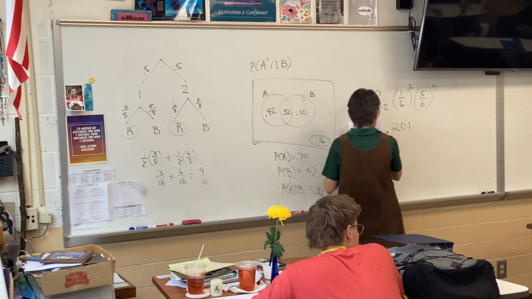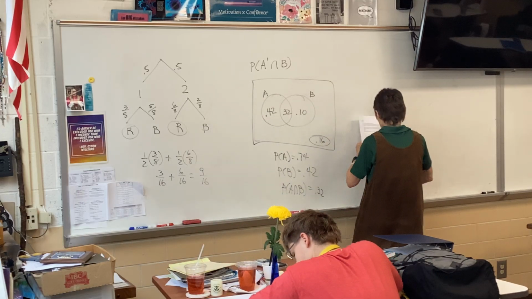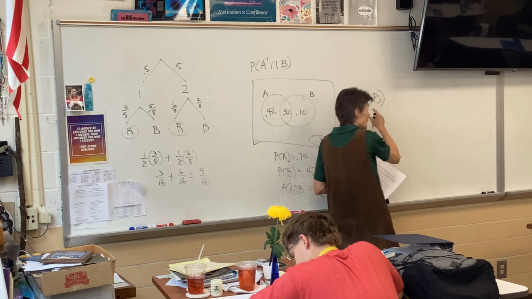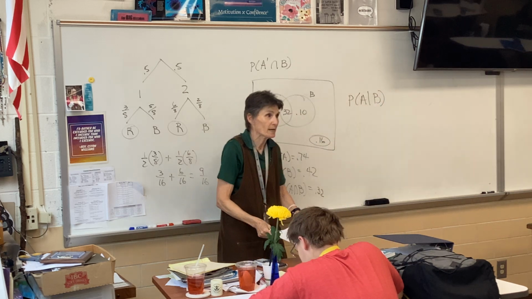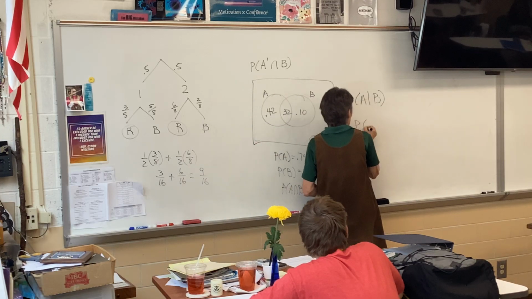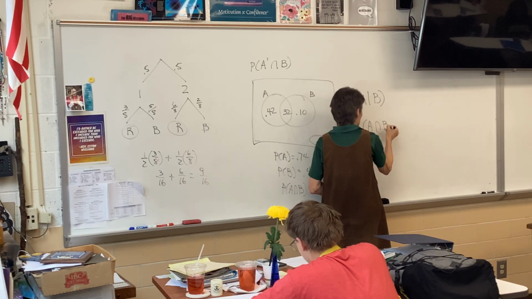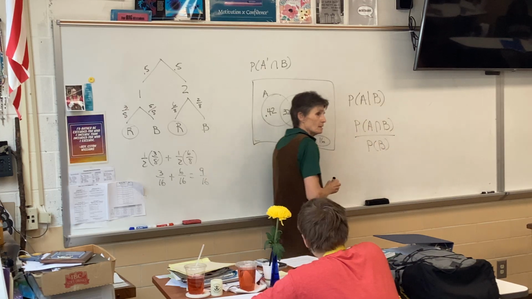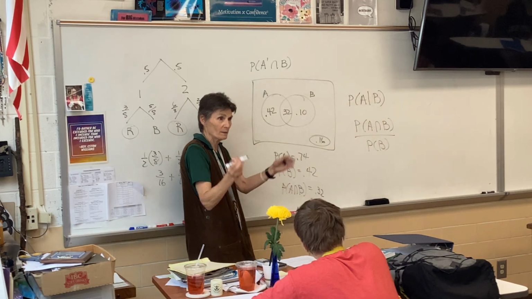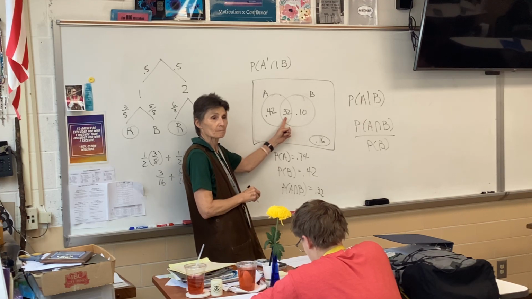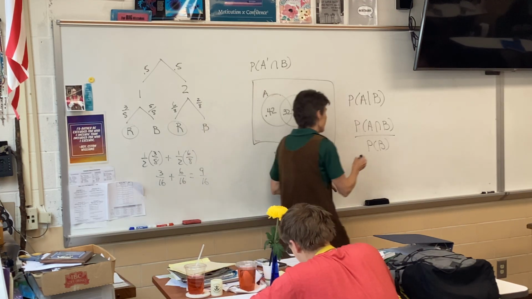And then 7 says the probability of A given B. And I gave you a formula for that yesterday. Do you remember what it is? The probability of both over the total probability of B. So what's both? 0.32.